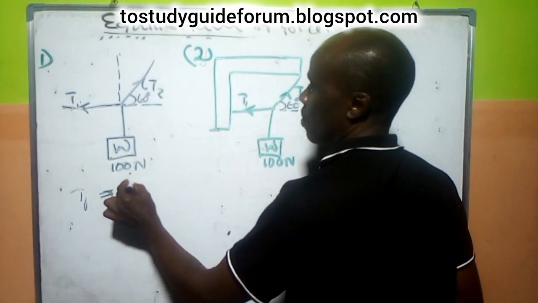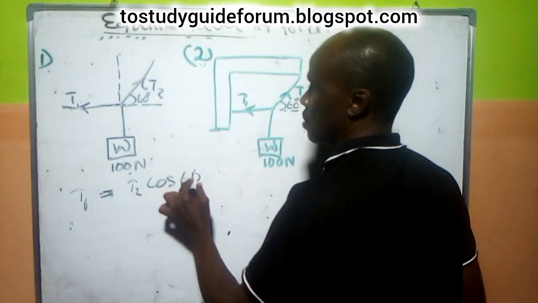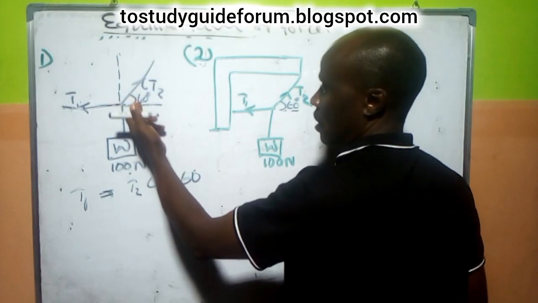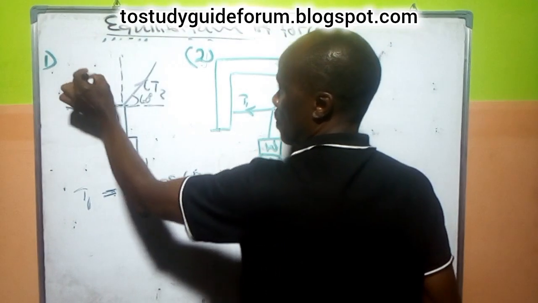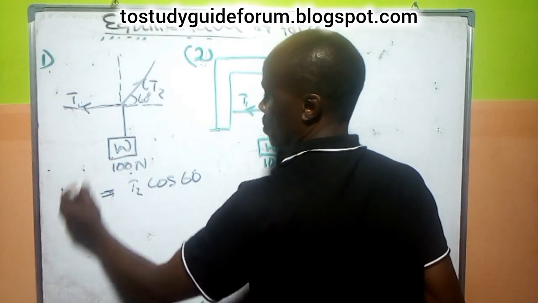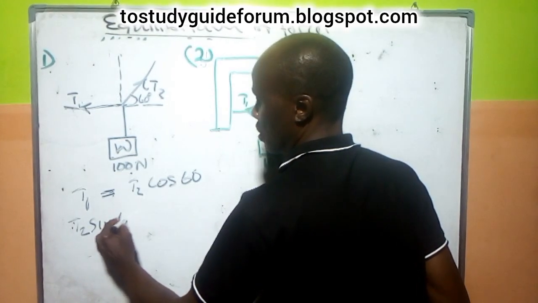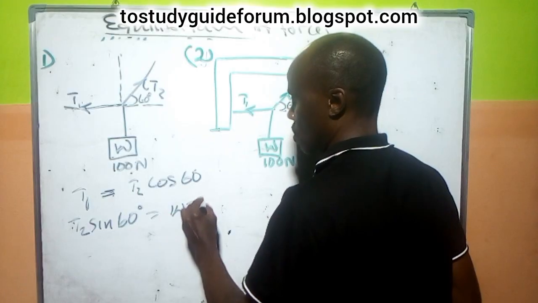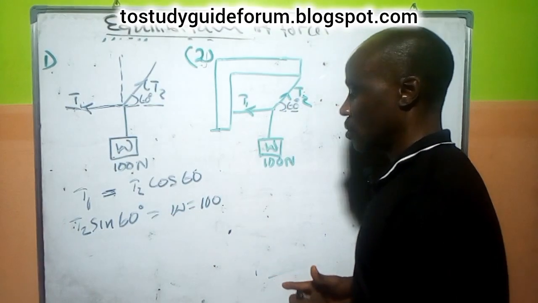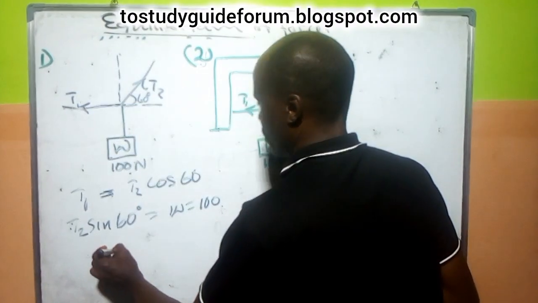Alright, T1 is equal to T2 cos 60 degrees, because this angle is adjacent to that. So what next? Now the vertical component of this will give us T2 sine 60 equal to W, also equal to 100. So if it's that, how do we get the value of T?